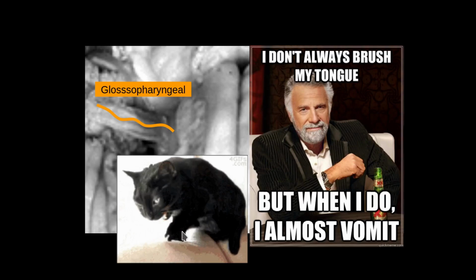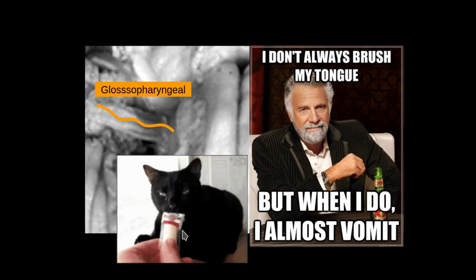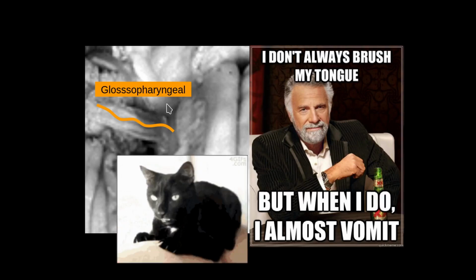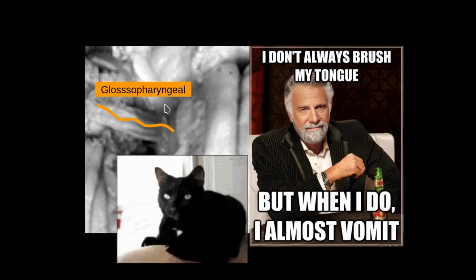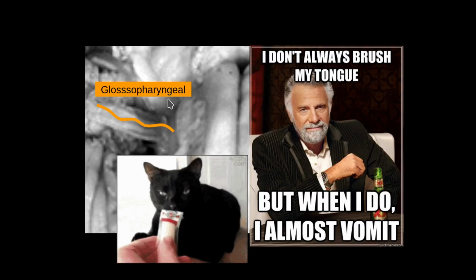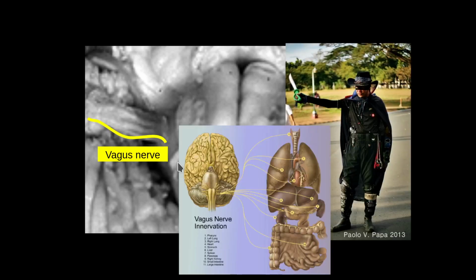Taste sensation and the gag, meaning the sensory part of gagging, is mediated by your ninth cranial nerve. Whereas the actual execution of the vomiting and the other reflexes is a function of the vagus nerve.